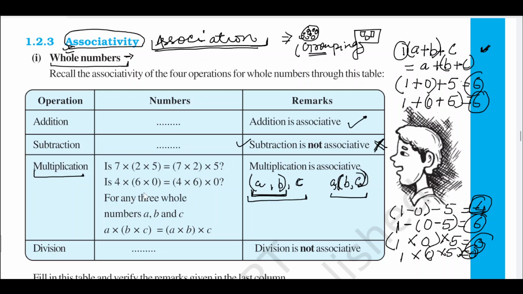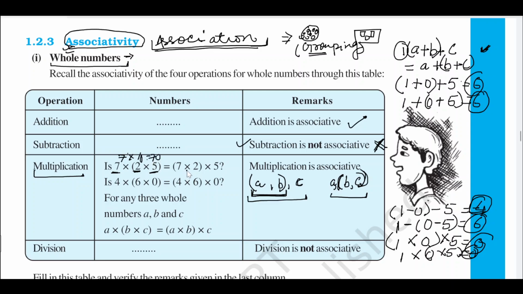Here one more example is given. A is 7, B is 2, and C is 5. So they have kept A alone and B and C together. In this case, the result is 10 into 7, that is 70.